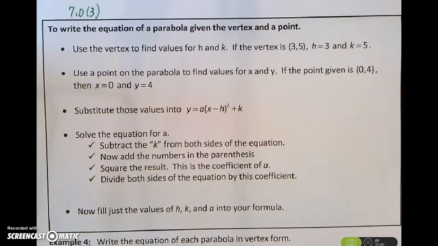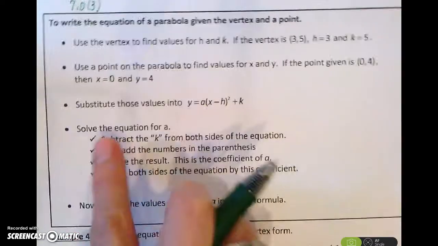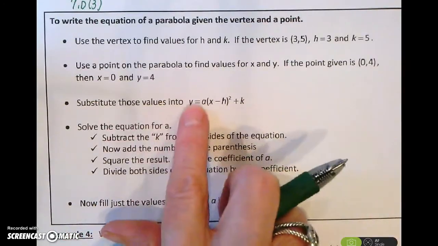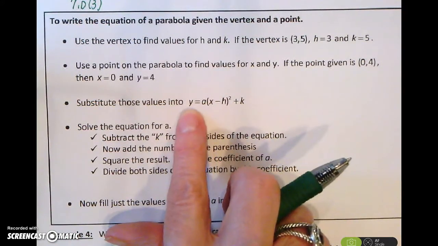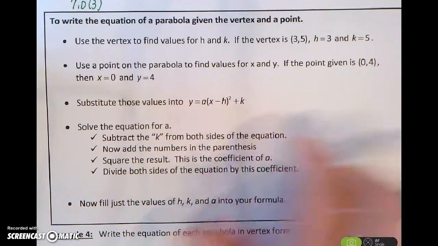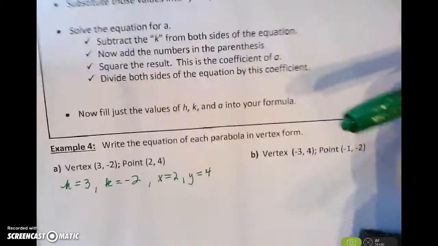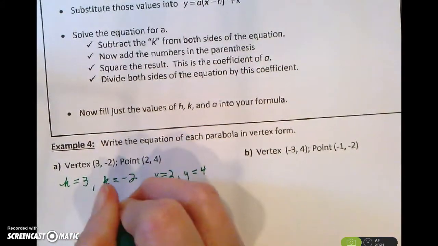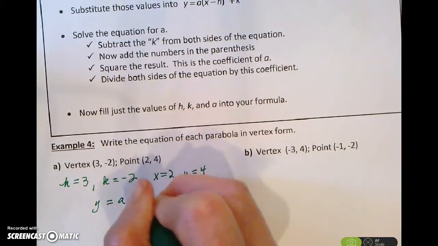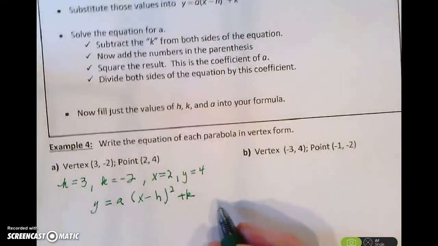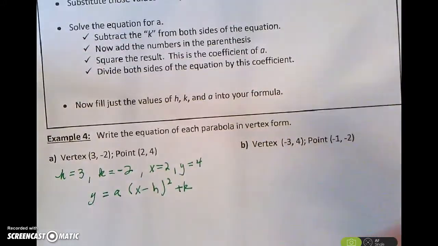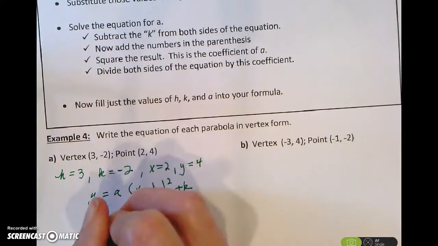All right. Now, step three, substitute those values into our formula, the vertex form of a quadratic function. So I'm going to rewrite this here. y is equal to a(x minus h) squared plus k. All right, so y is 4, so I'm going to put a 4 in there.